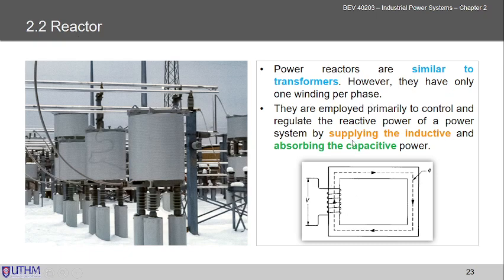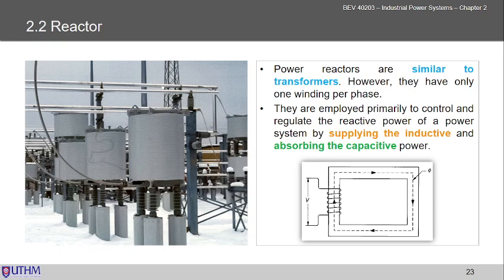And what is the purpose of this reactor? It can be used to control the reactive power, the Q. It can supply inductive power. This is more for voltage regulation.